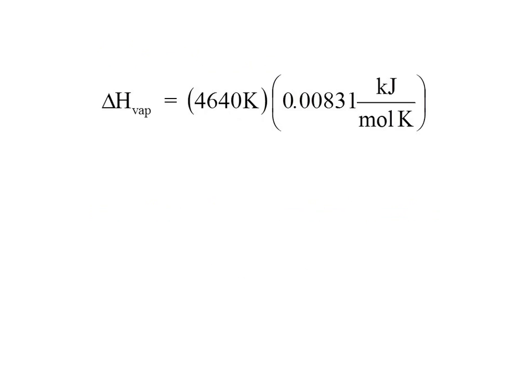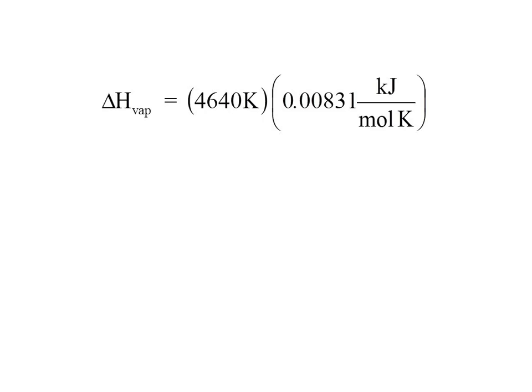So here we go. You see the slope, 4,640 Kelvin. The value of R, 0.00831. Units of R, kilojoules per mole Kelvin. So do you see where the units of Kelvin cancel? I love factor label. And the units that we're left with are kilojoules per mole.